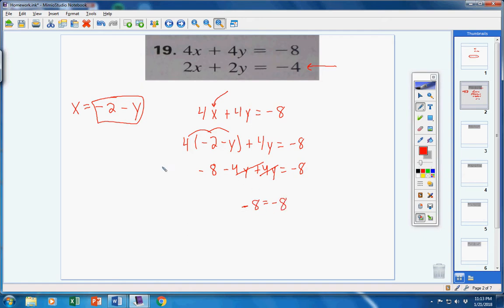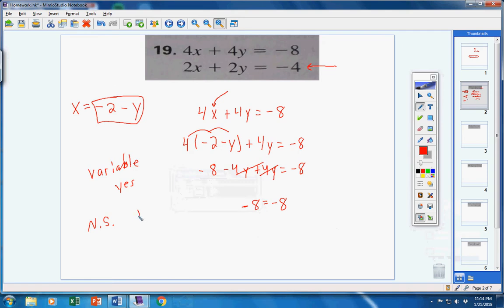So, yes or no, did your variables cancel out? Yes, they did. So you're either going to have no solution, or you're going to have all real numbers for your answer.